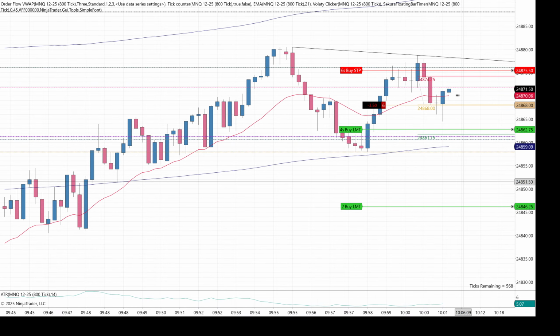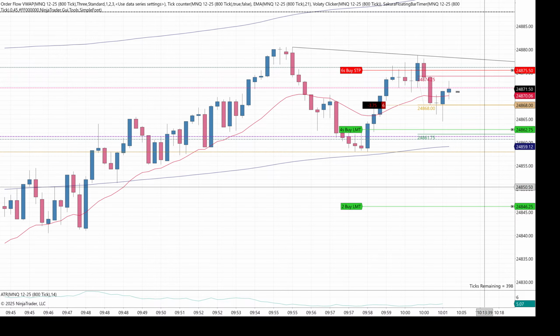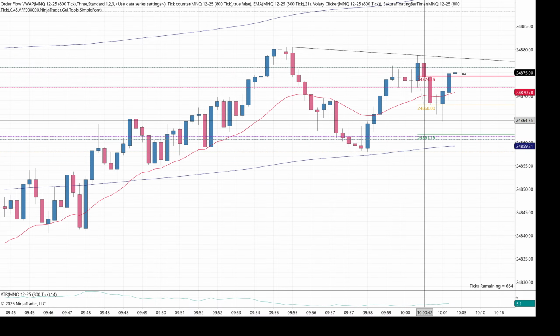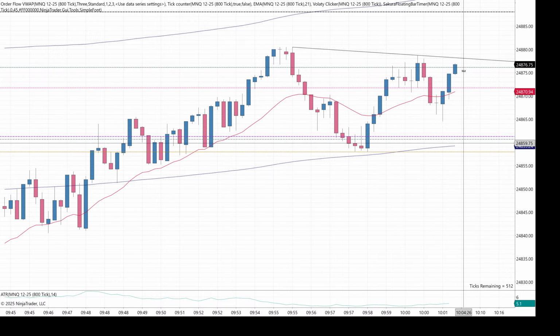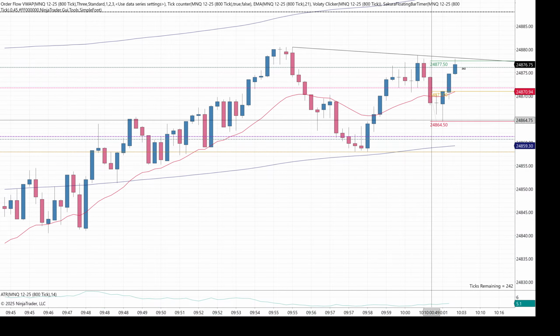I don't know if it's going to work at this point. Probably going to get stopped out here. I'm not going to add to this position. Yeah, stop loss. That's okay. We also triggered higher here.